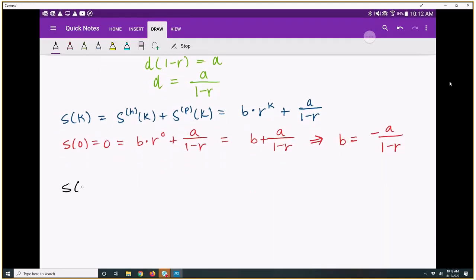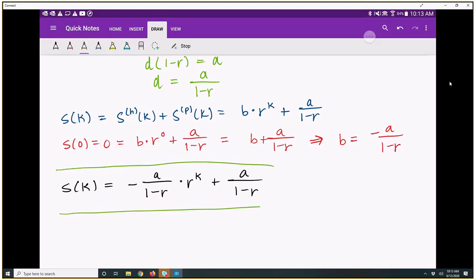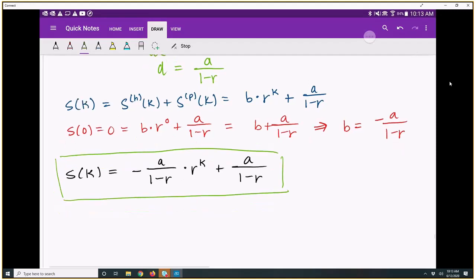So then the solution to the recurrence relation, the closed form solution, should be minus a over 1 minus r times r to the power k plus a over 1 minus r. So you can see that even though I didn't know the values of a and r, and I still don't know, I just solved it in the same way that I would solve the recurrence relation usually.